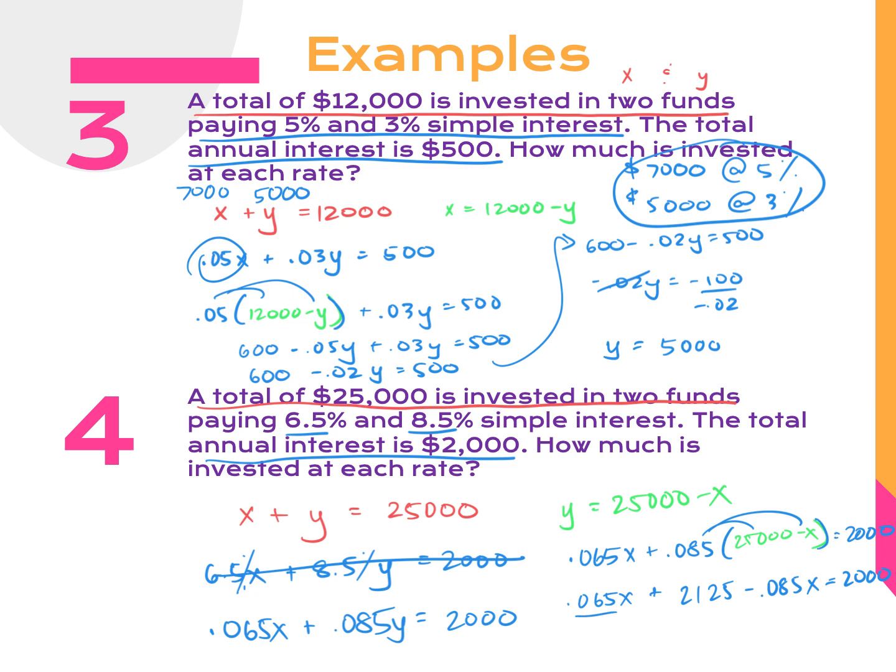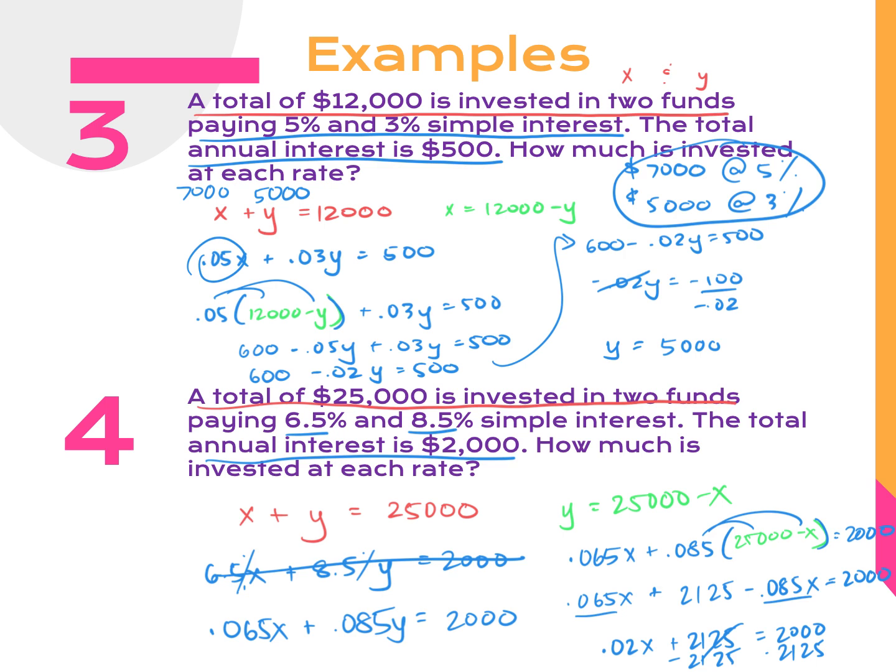I'm going to combine these like terms, which is going to leave me with 0.02X plus 2,125 equals 2,000. I'm going to subtract 2,125 from both sides. So 0.02X is equal to minus 125.